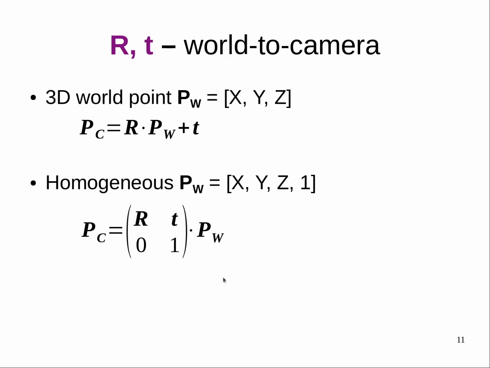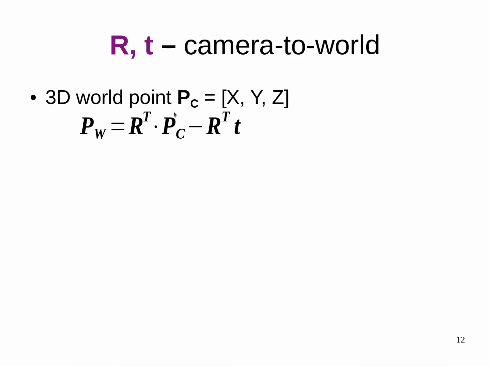Okay, so now that we know how to go from world to camera, let's talk about the reverse direction. Now we have a 3D point in camera coordinate space, and we want to get the corresponding coordinates in world coordinate space. So this means we need to go in the reverse direction.